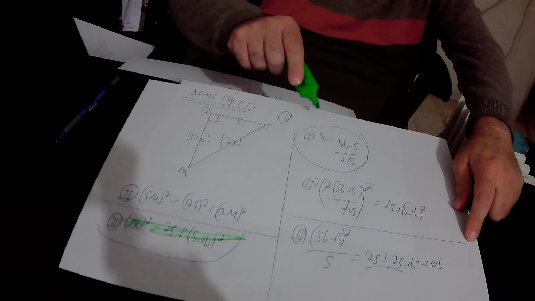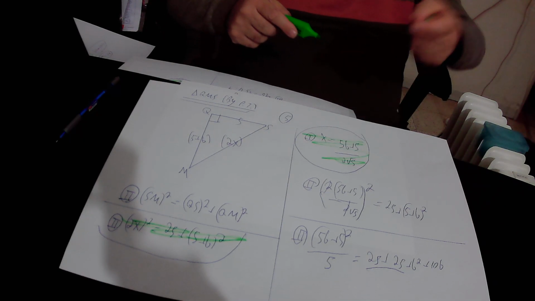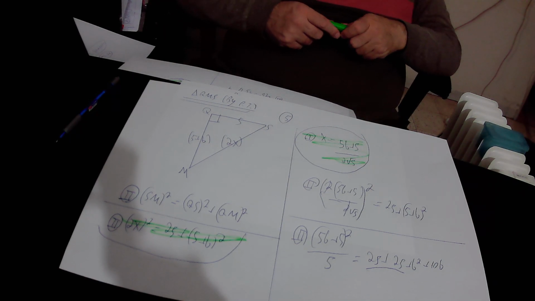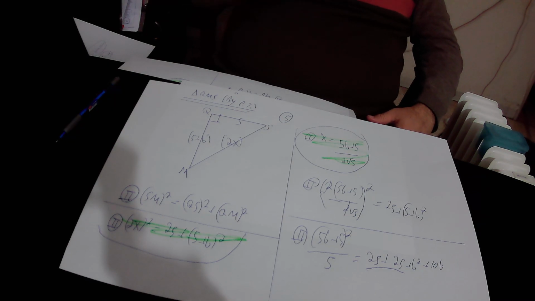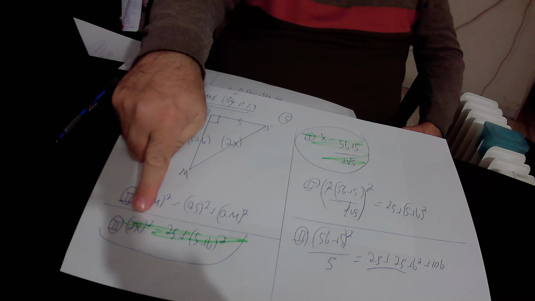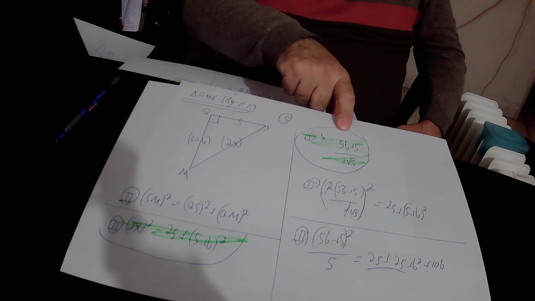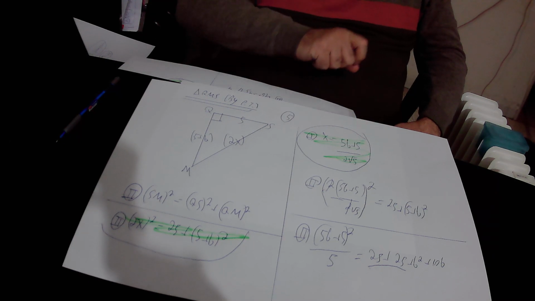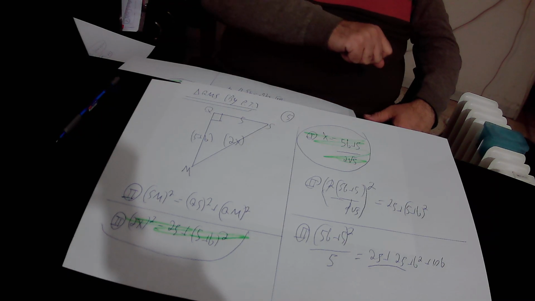But according to equation number 1, we have already found that x equals (5b plus 5) over 2 times the square root of 5. So we can substitute x in equation number 2 by (5b plus 5) over 2 times the square root of 5.